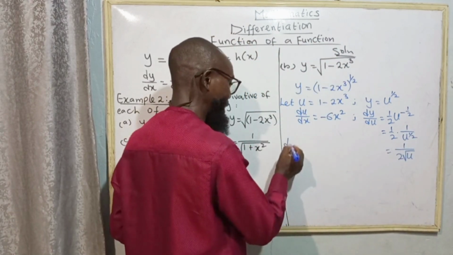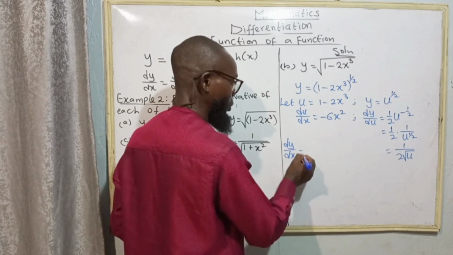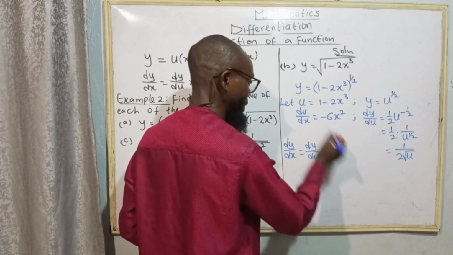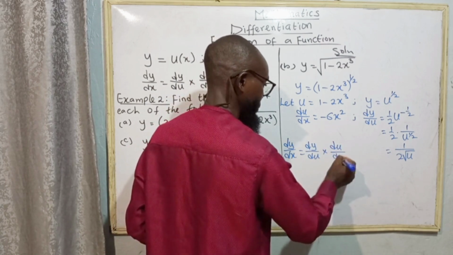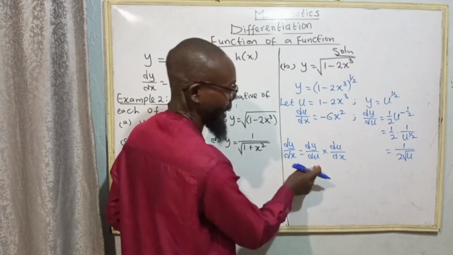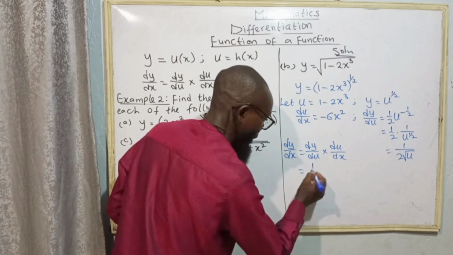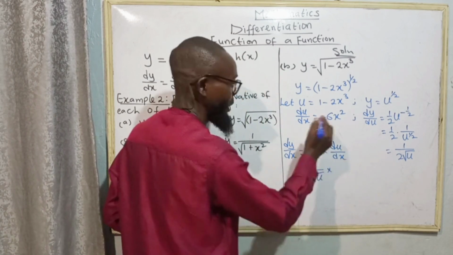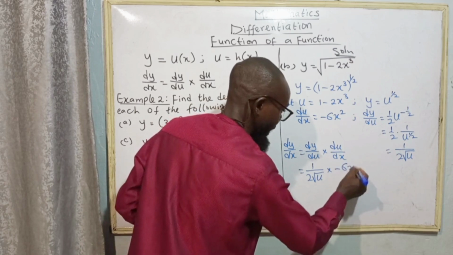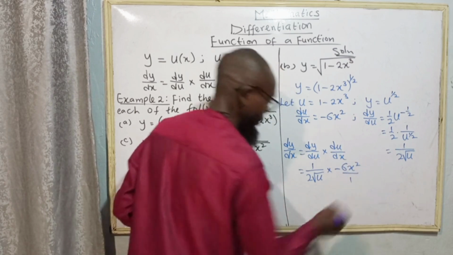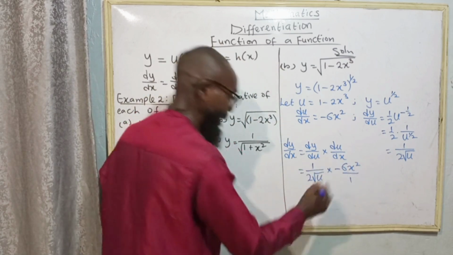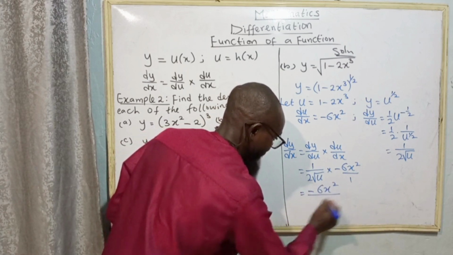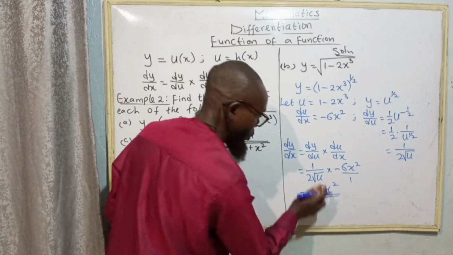Then our dy dx will equal dy du multiplied by du dx. Fine. Our dy du that we got here, we have 1 over 2 square root of u multiplied by du dx, minus 6x squared, let's say over 1. This multiplies the upper parts. We have minus 6x squared divided by 2 square root of our u.